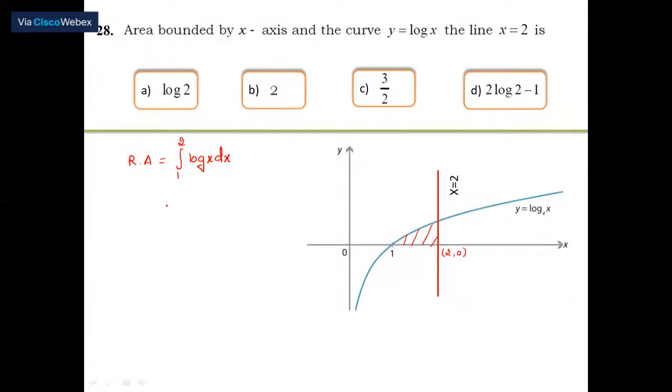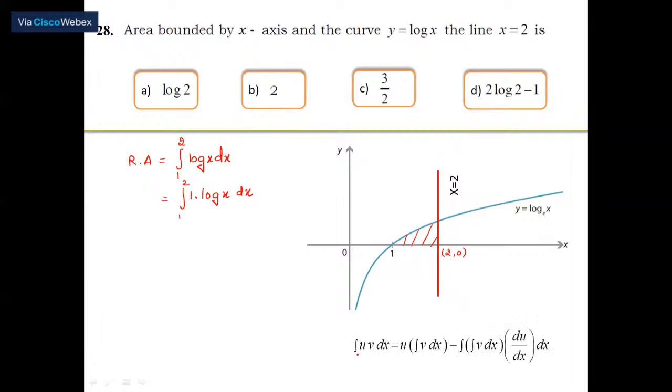And whenever it is log x, integration of log x, we consider that as 1 into log x. And we use our integration by parts here by considering log x as first function and 1 as the second function.